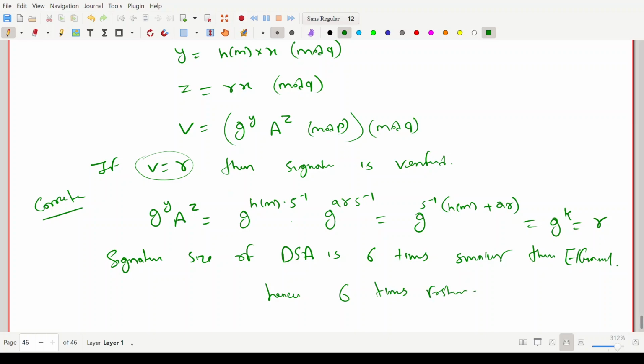Six times faster. And if you take elliptic curve DSA, then it will be reduced still further. So we'll be seeing that.